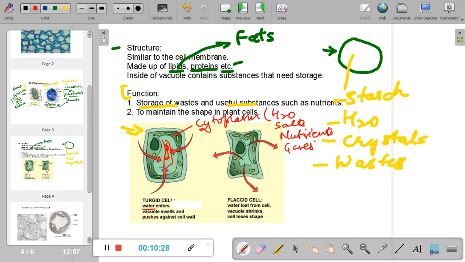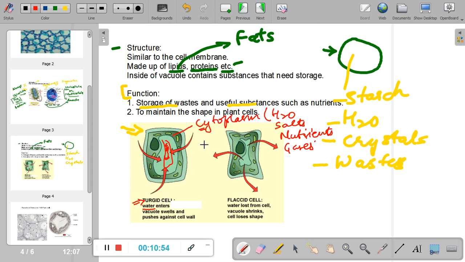So the central vacuole in plants is mostly full of water, and when there's a lot of water present inside the vacuole, the cell gains a particular shape, and the cell is said to be turgid. When the vacuole is full of water and the cell has achieved its specific shape, we call it a turgid cell.